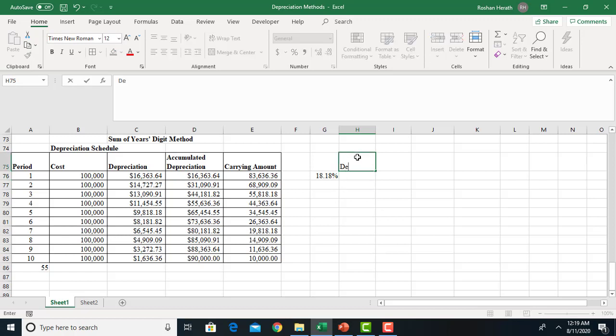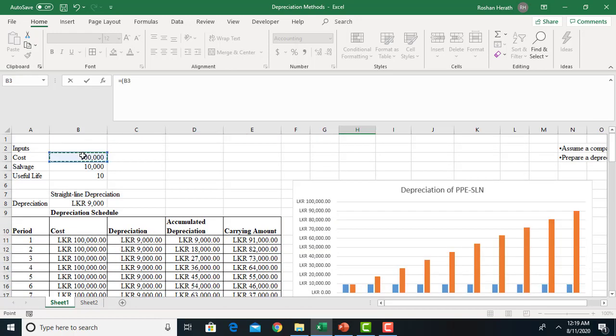So consequently, how do you compute the depreciation? Remember that the depreciation computation goes like this. You would get the cost information minus the salvage value.